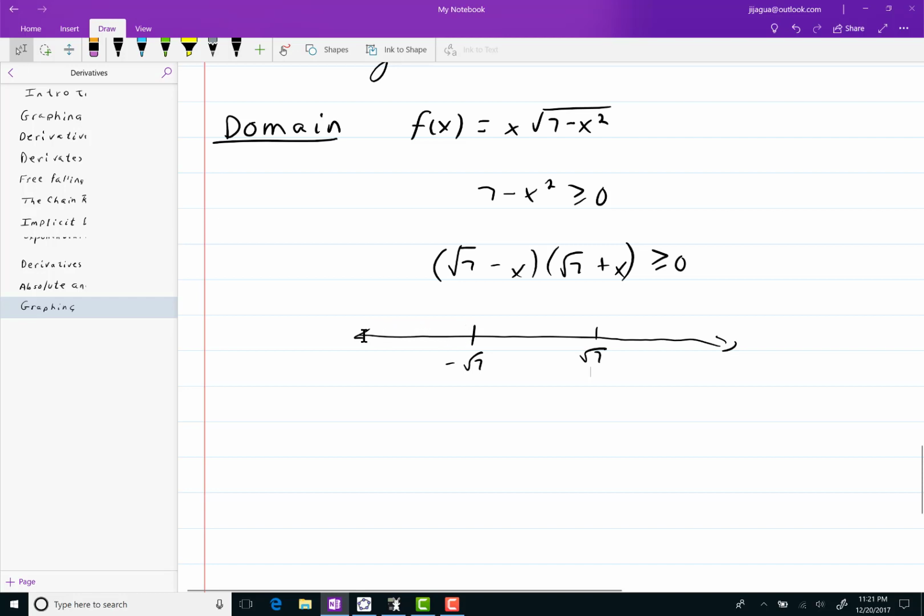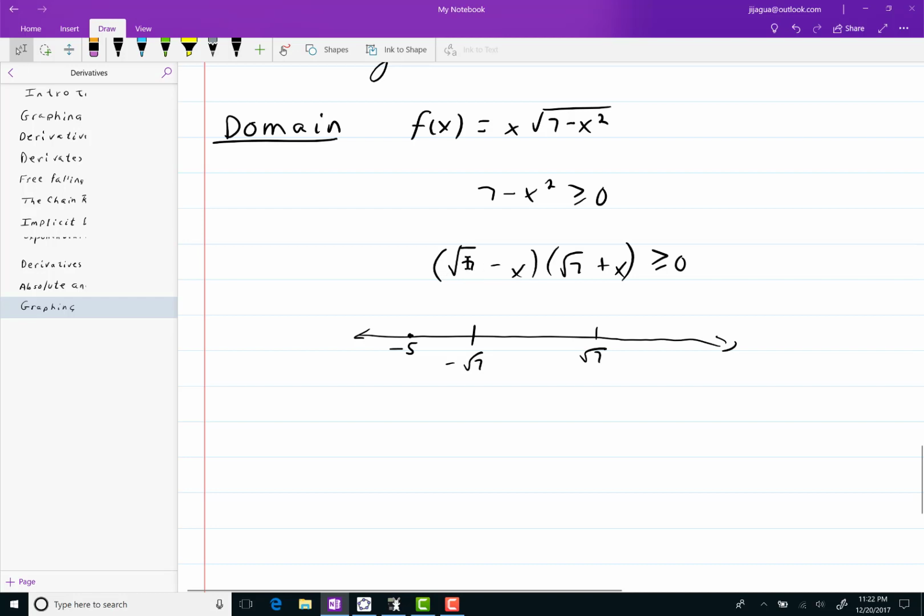Notice that between and to the left and to the right of those zeros, the function is going to be one sign over that whole interval. So from negative infinity to negative radical 7, this expression is going to be all negative or all positive. So let me throw in -5 and see what happens. If you throw in -5, look at the first half.